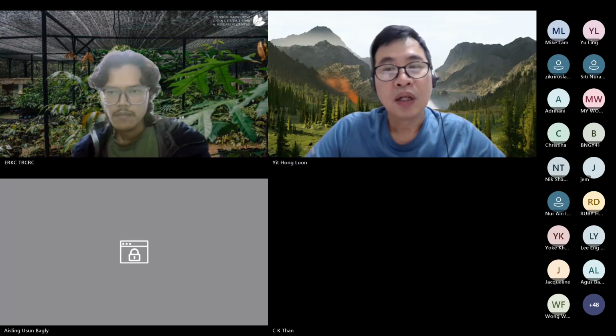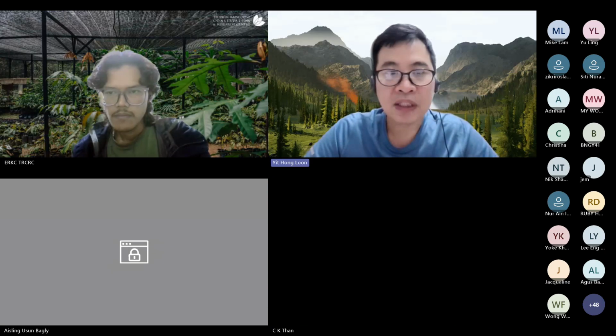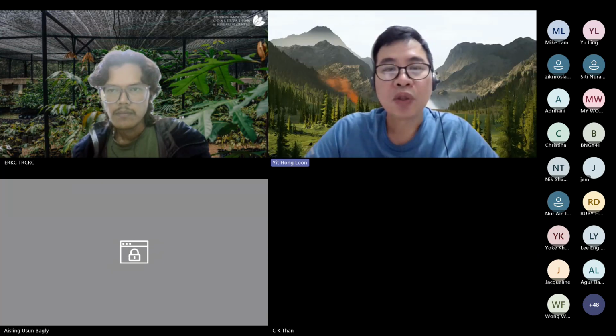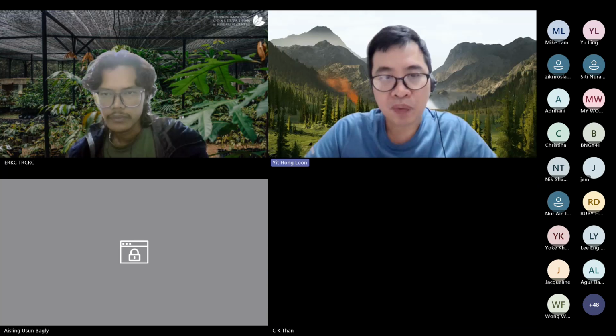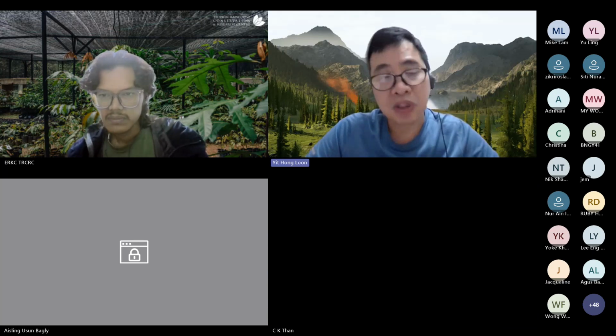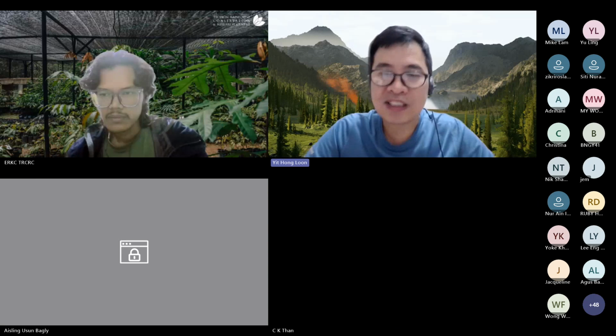Actually, poisonous mushrooms belong to families of mushrooms that are poisonous. So we need to identify the mushroom first. Then we know which family, and which genus or species it belongs to. From there we know whether this is a toxic mushroom or not. So it's not a direct, straightforward answer.